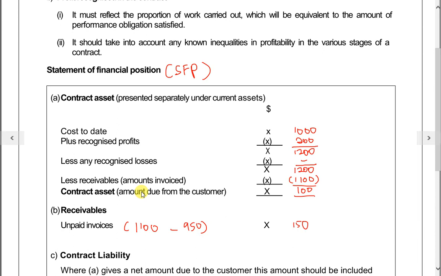I bill them 1,100, and the customer will pay us based on what we bill them. You must pay me 1,100. What happens is they pay me 950, so I have receivables of 150. The 100 is unbilled, meaning I will bill them the 100 later within 1 year. When I bill them, of course now they owe me another 100.